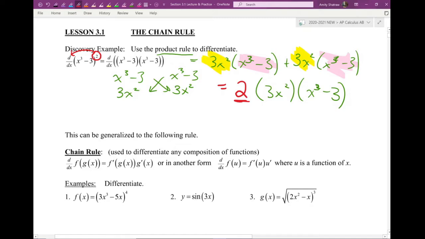And the power would be reduced down to 1. Then, even if I was just taking the derivative of x cubed minus 3, that's how I get this piece here. So to generalize what the chain rule is, I'm going to do this.